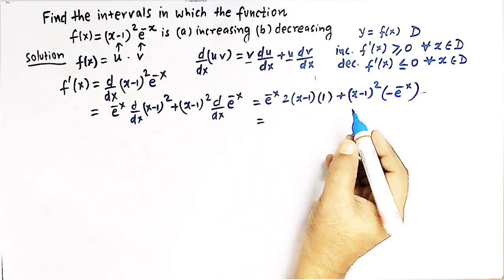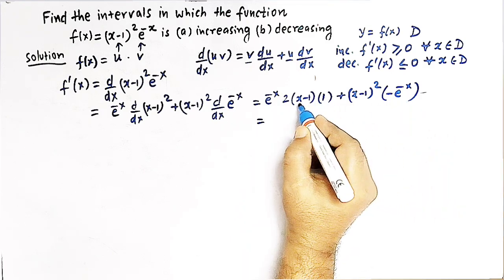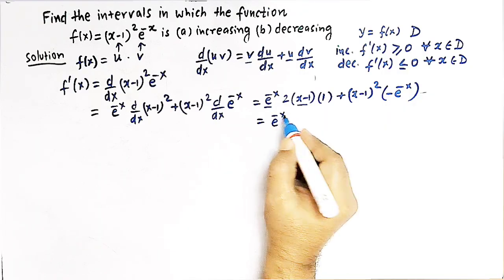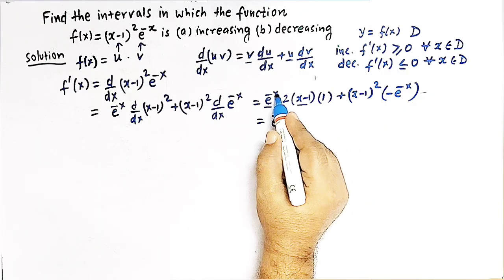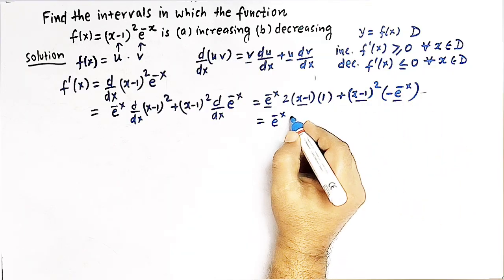So now here we can take e raised to minus x and x minus 1 as common, right? So we have the common factor e raised to minus x and x minus 1.